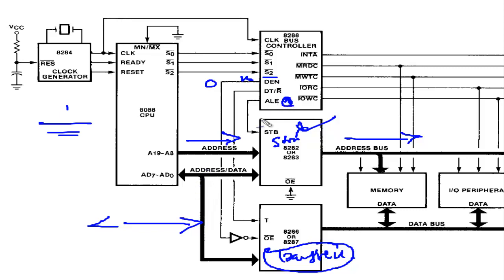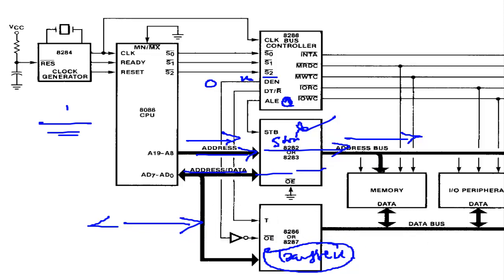But when it is 1, all the address lines will go straight and will not be stopped, as if this latch doesn't exist. But when ALE is 0, it will store the address, and DEN will be 0 at that time. That means this will activate our transceiver. So the transceiver will get activated, and it has to transfer data to and fro, okay?